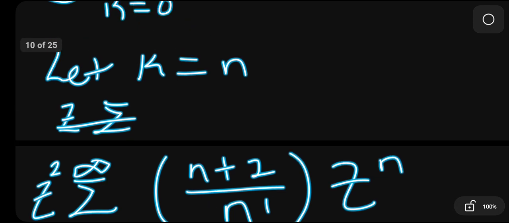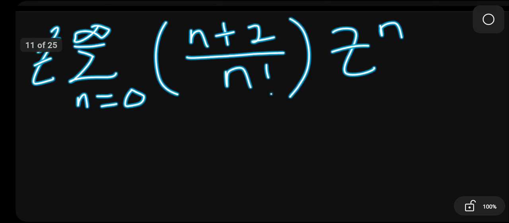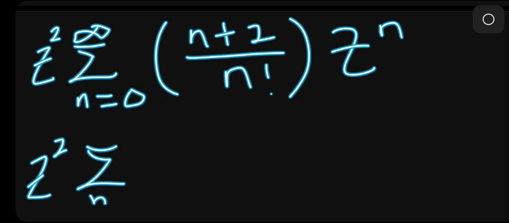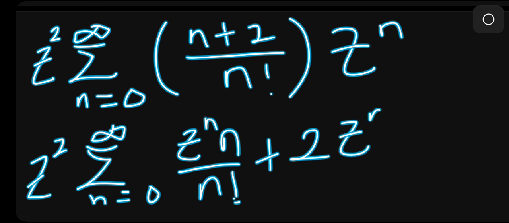I think I've already distributed it, so let's do it again. n equals 0 all the way to infinite, z power n multiplying n on n factorial plus 2 z power n on n factorial.